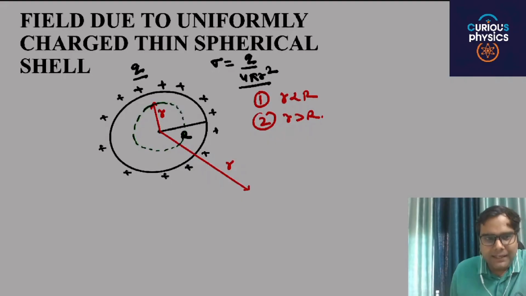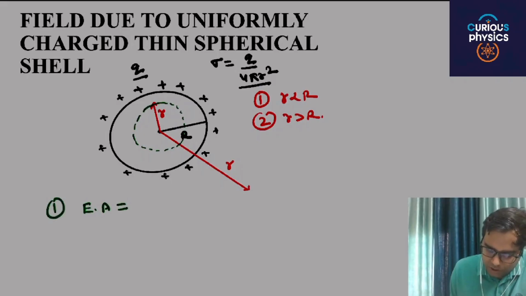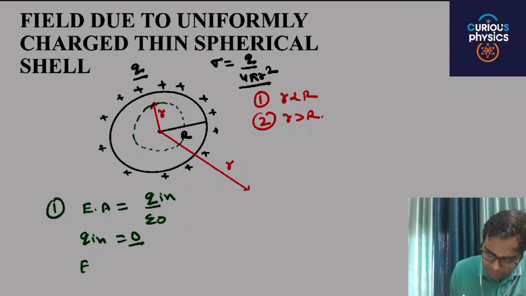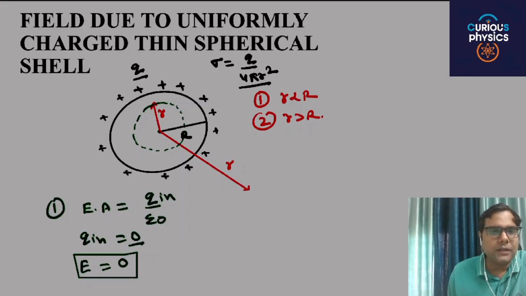So the net electric flux will be E into A is equal to Q in by epsilon naught, according to the Gauss law. And here inside the Gaussian surface, the charge inside the surface is 0, and that's why the electric field is 0. Simple point. If charge is 0, this is 0.